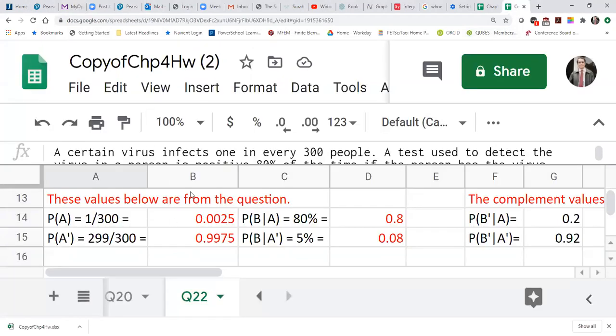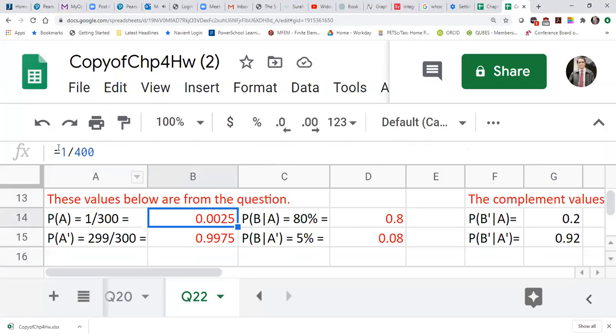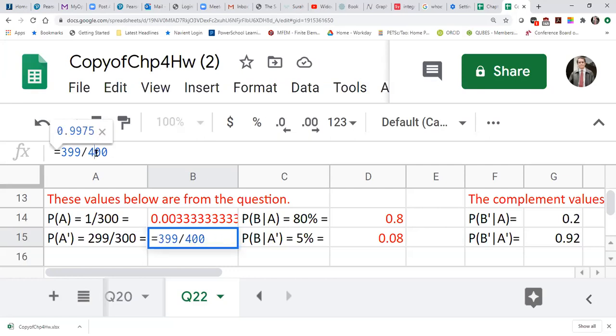Oh, sorry, I think someone changed it. Maybe I did. So this one should be 1 over 300, because 300 people. If you have 400, this one is 399. So if you have 300 here, you need to put 299, right?